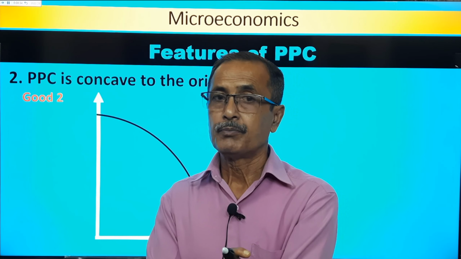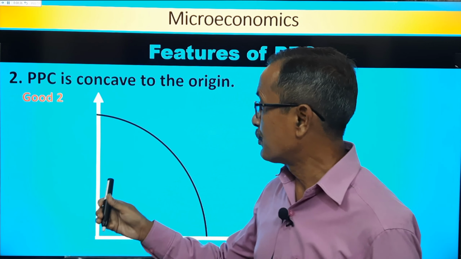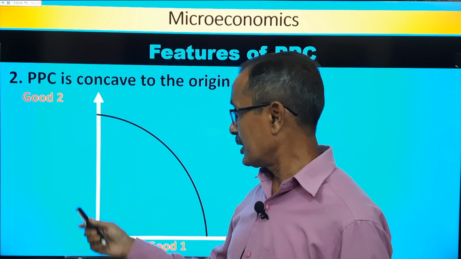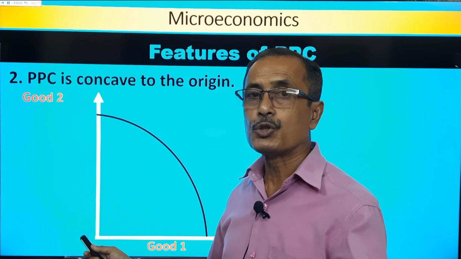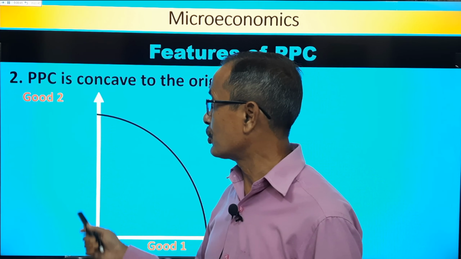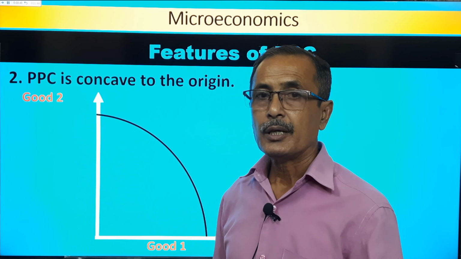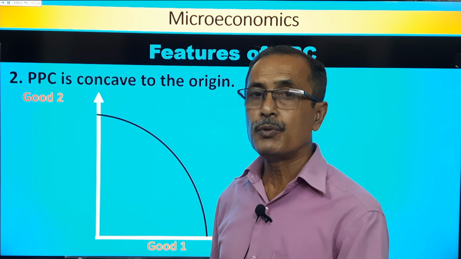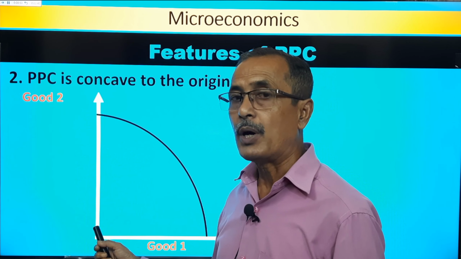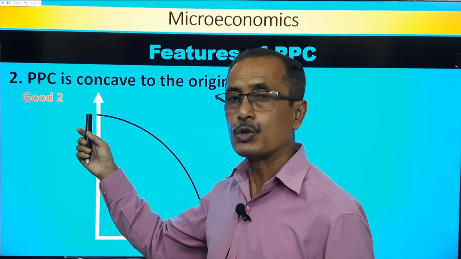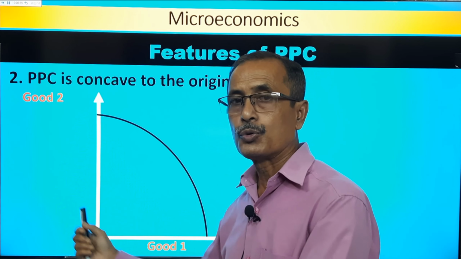There we have seen that, first, let's take the first case. In the initial stage, the whole amount of resource is being used for the production of good 2. Then you can produce this amount of good 2. Now you have decided you want to produce 1 unit of good 1. So you transform the resources from the production of good 2 to good 1.